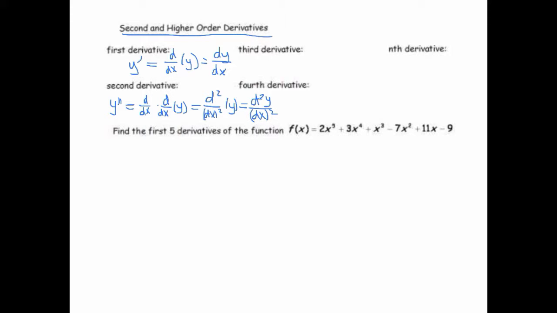Similarly, for the third derivative, I'm just going to jump right to the exponent-looking part. I'm taking three derivatives of y, so d dx times d dx times d dx of y, which we will write as d cubed y over dx cubed.